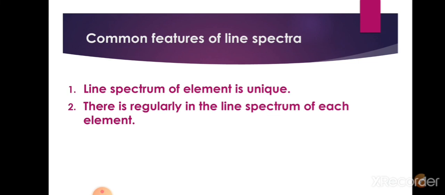That is, it can be used as the fingerprint for each element, the same way that we identify people using fingerprints. The next feature is that there is a regularity in the spectrum of each element. That is the second feature of the line spectrum of each and every element. If we get the line spectrum of an element, we can identify which element it is.